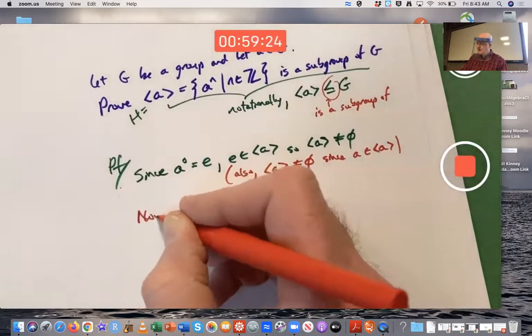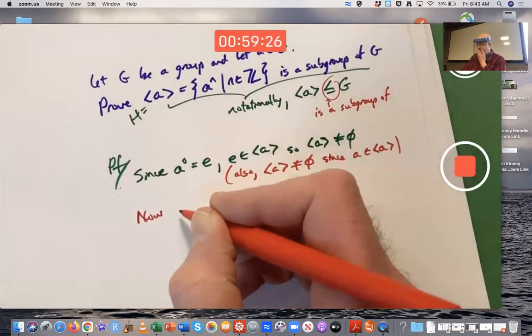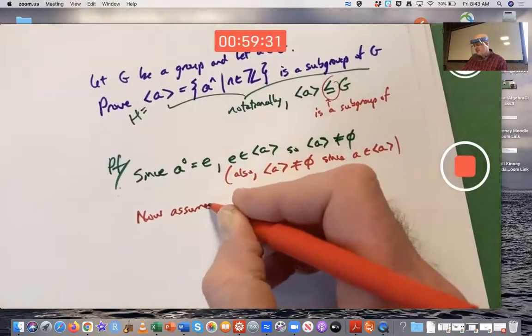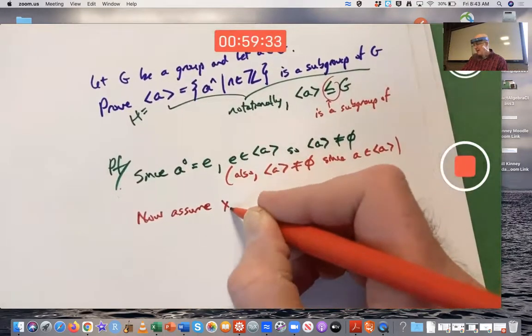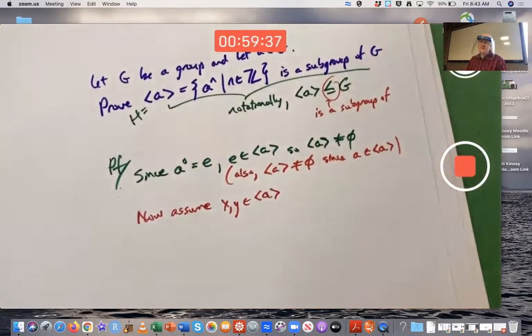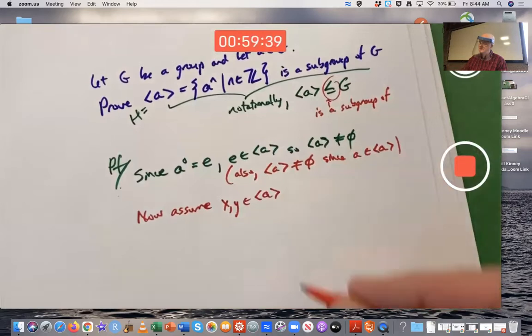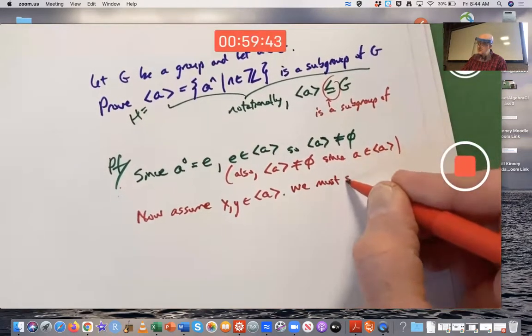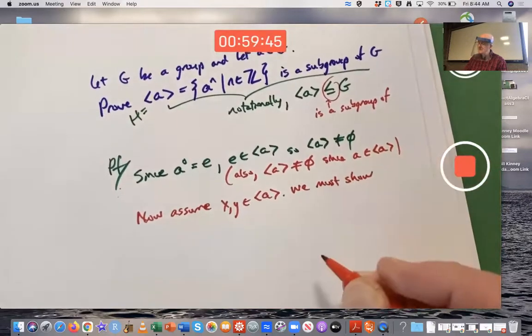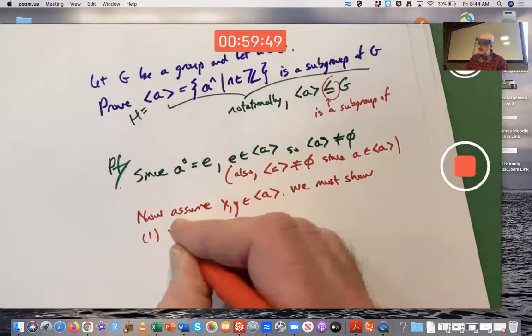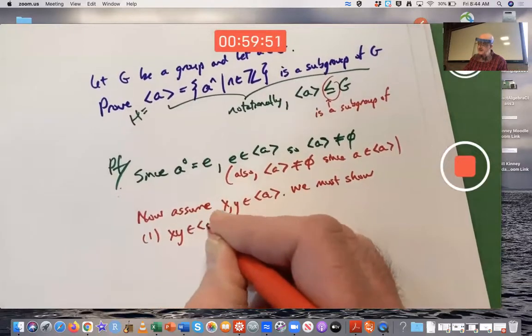Now assume, I'm not going to use A and B here because I've already had a use for A. Let's say X and Y. X and Y are in here. We must show two things. These are the two steps of the two-step subgroup test. One, X times Y is in here.